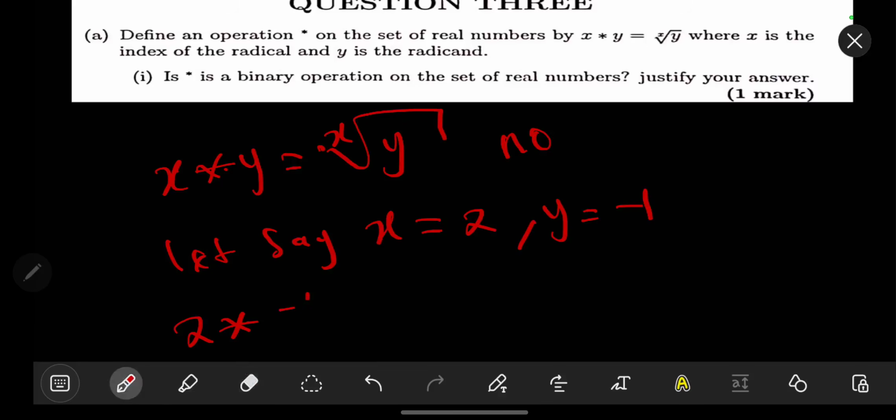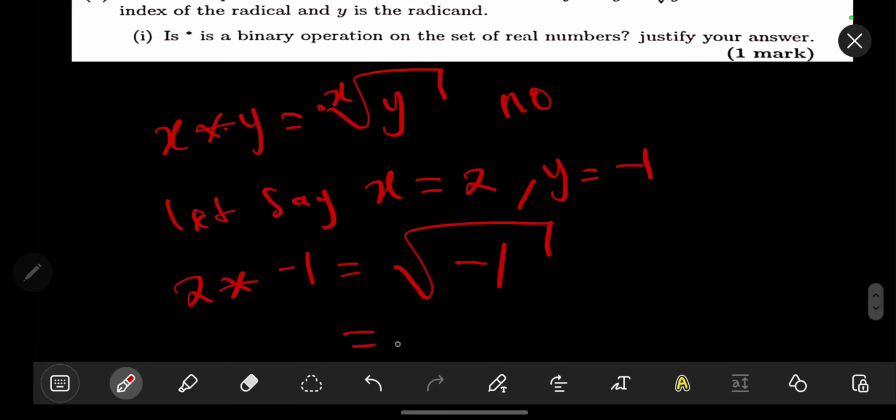This should be equal to the square root of negative 1. Even if it's not showing, it means there's a 2 there. The square root of negative 1 is equal to i. What this means is that i is not a real number.